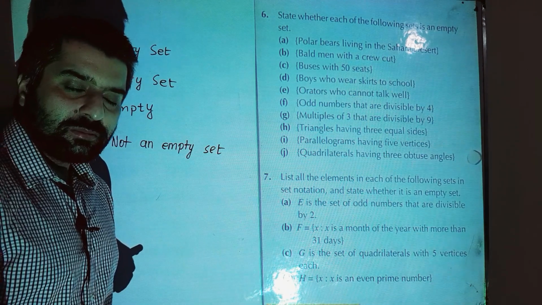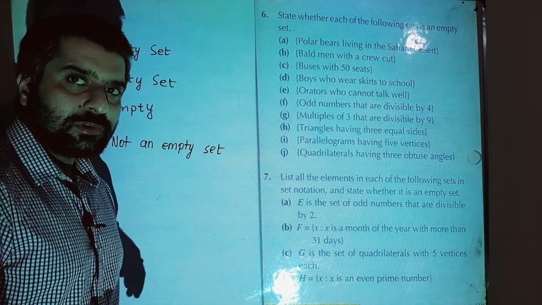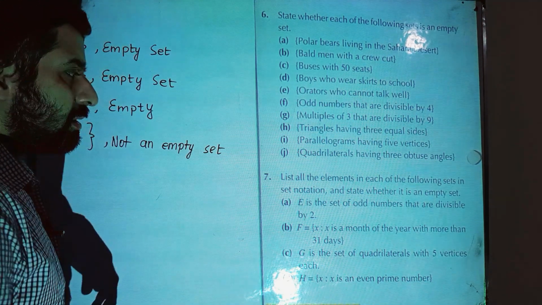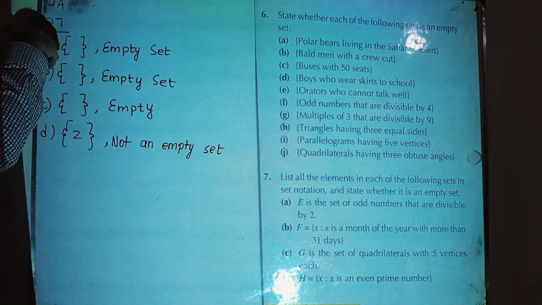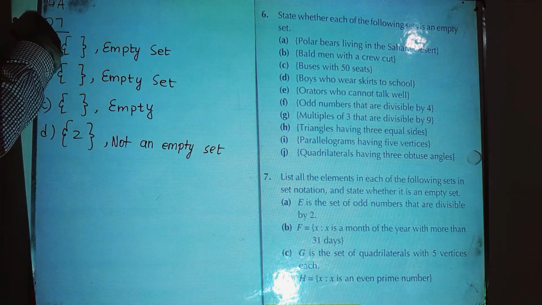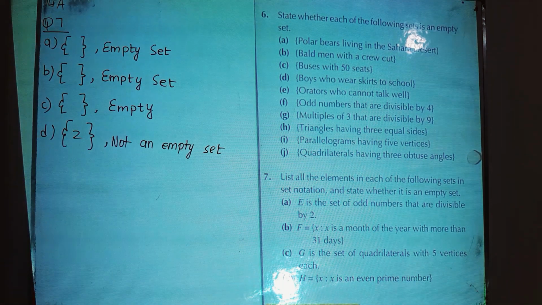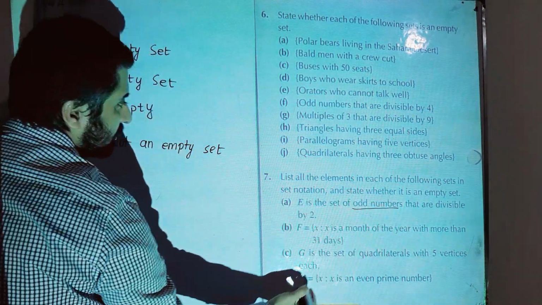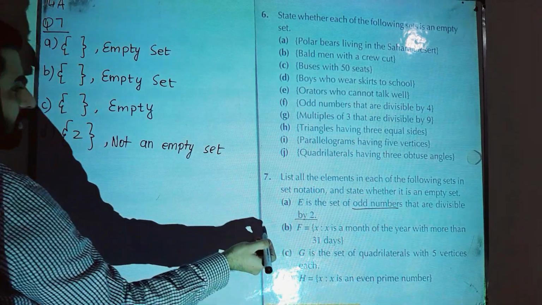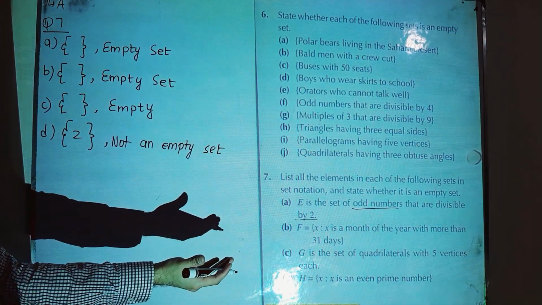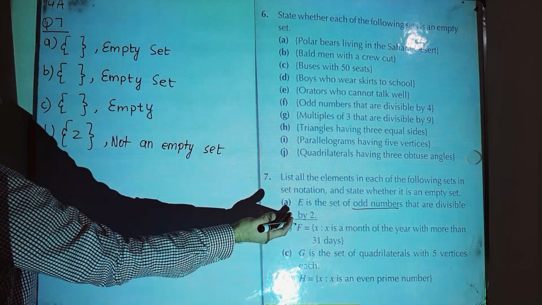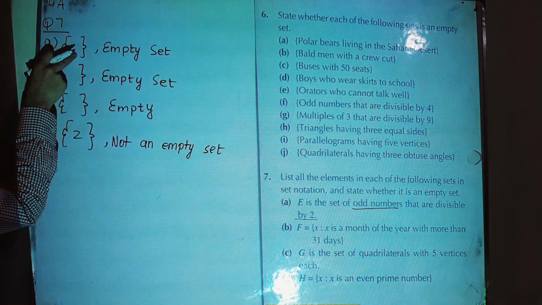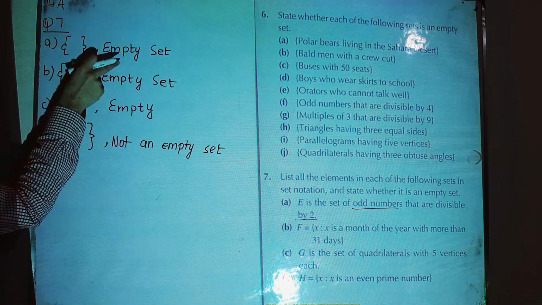Do we have an odd number divisible by 2? Answer is no. Then E must be an empty set because we don't have an odd number that is divisible by 2. So you are not going to write anything over here, and that is an empty set.